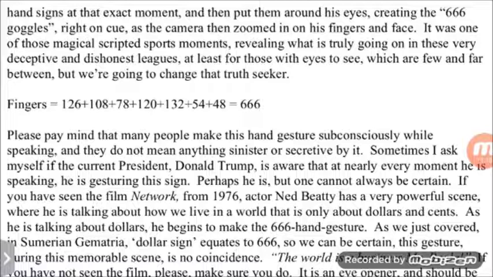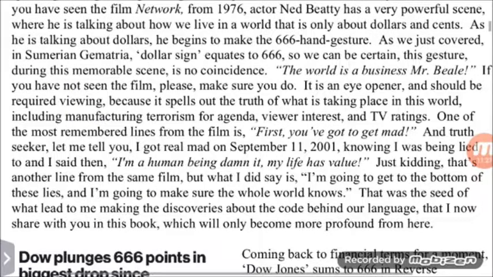If you have seen the film Network from 1976, Ned Beatty has a very powerful scene where he is talking about how we live in a world that is only about dollars and cents. As he is talking about dollars, he begins to make the 666 hand gesture, as we just covered in Sumerian Gematria. $ sign equates to 666, so we can be certain this gesture during this memorable scene is no coincidence.